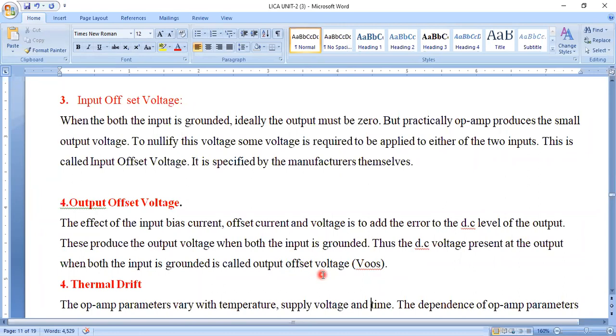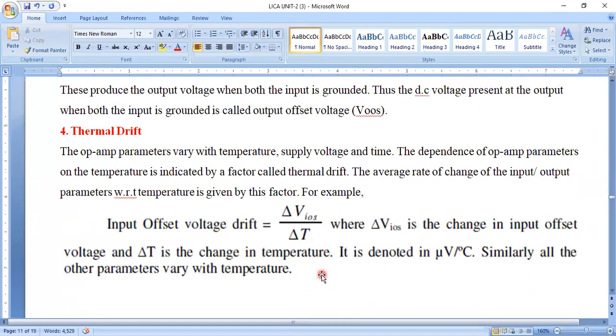Next we discussed thermal drift or temperature drift. Thermal drift is nothing but the temperature effect. Operational amplifier performance will vary with respect to temperature, supply voltage and time.